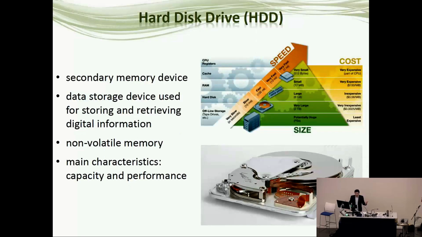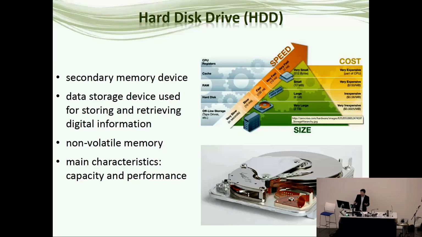This kind of storage is usually used for what we now think of as secondary storage. This is an example of a spinning magnetic hard disk being used as secondary storage. So in terms of the memory pyramid, this is going to sit around here. It's going to sit beneath the RAM, but above these really big offline storage methods like tape backups.